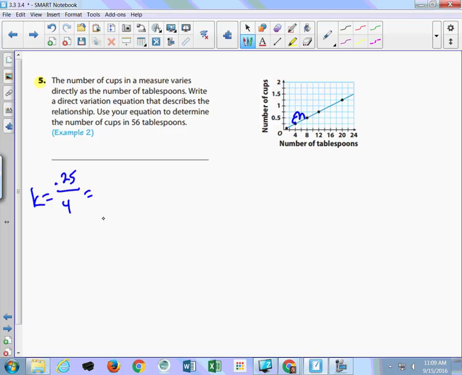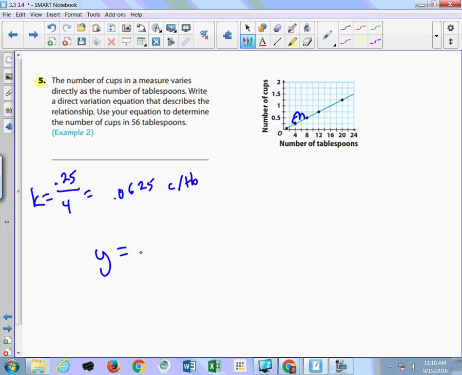So if I want to change that to a decimal, it's 0.25 divided by 4, which is 0.0625. That's 0.0625 cups per tablespoon, if I wanted to do a unit rate. All right. So now I can write an equation.